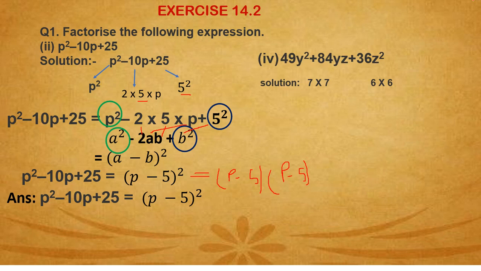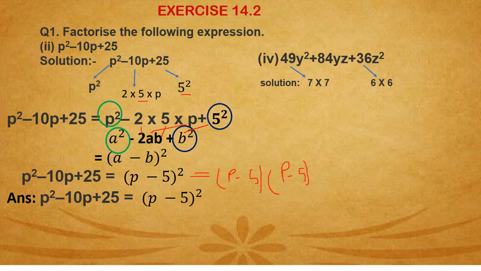49y square plus 84yz plus 36z square. Again here, the first term contains 49, which can be written as 7 into 7, and the third term, that is the last term of this expression, where the expression is in three terms, is 36, which is also written as 6 into 6.